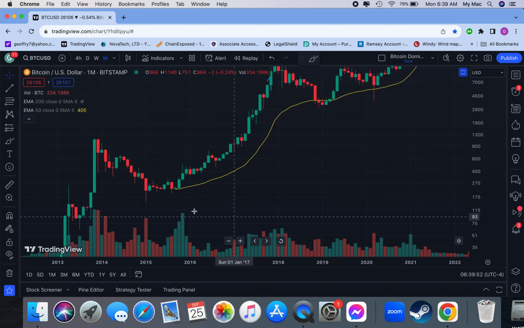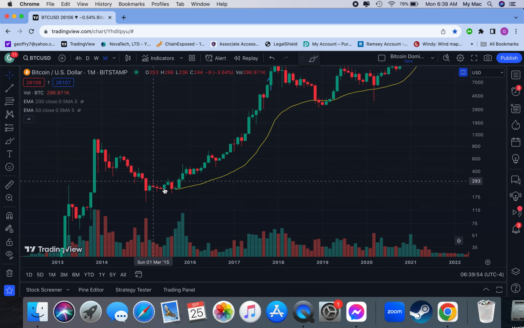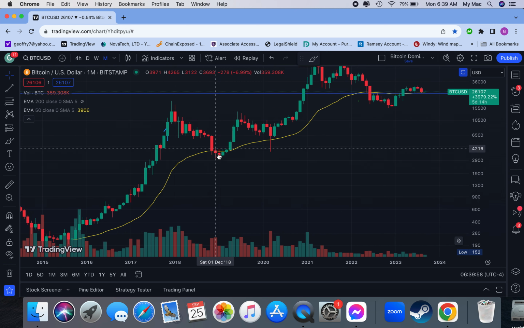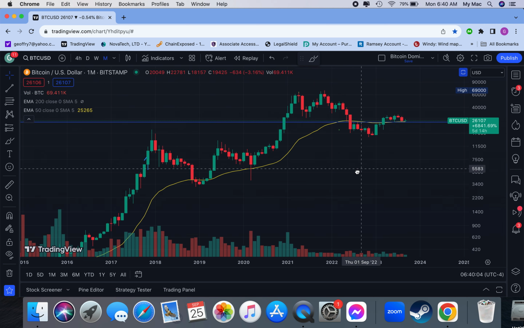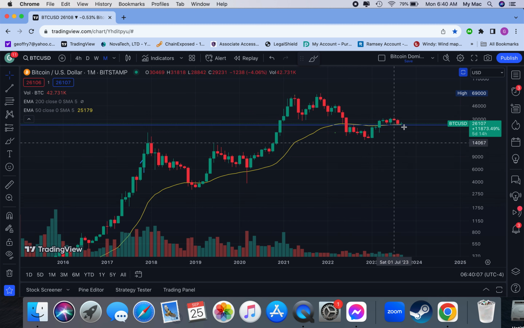Advertisements, that's the downside to having the free version. So it comes down, it touches, and it runs. Here it dipped below a little bit and it ran. And then it dipped below a second time on the last cycle. So, question is, will we dip below a second time? If we do, be a great chance to buy.